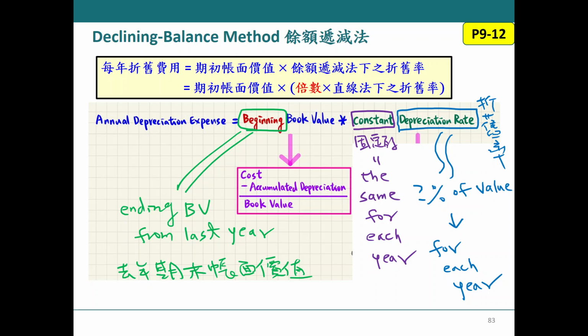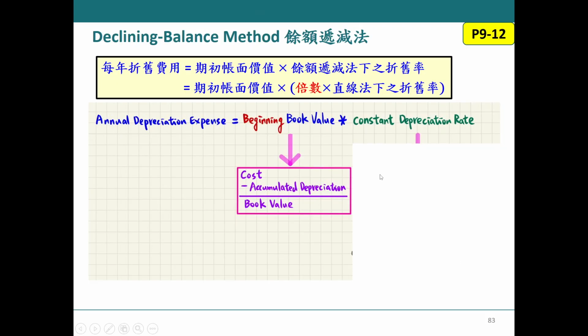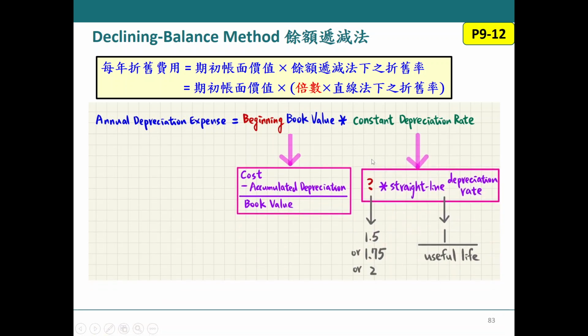Any questions? If you don't have any questions, we want to tell you how to get the percentage by yourself. Okay? So how to get the percentage? Some number times straight line depreciation rate.